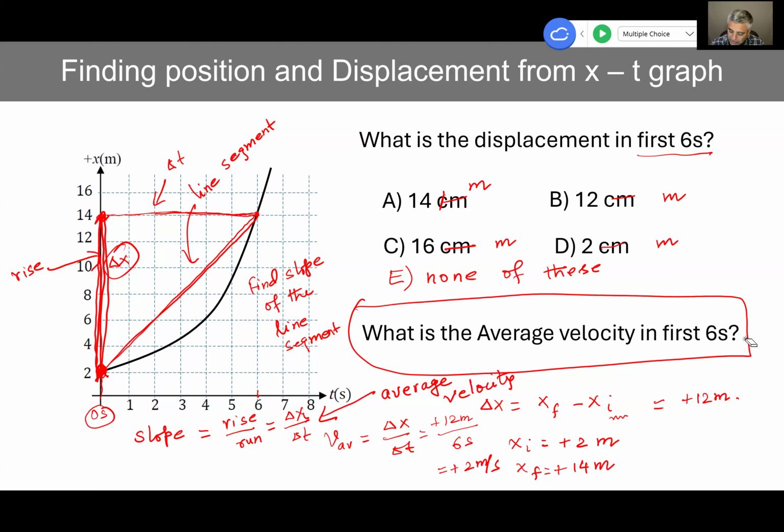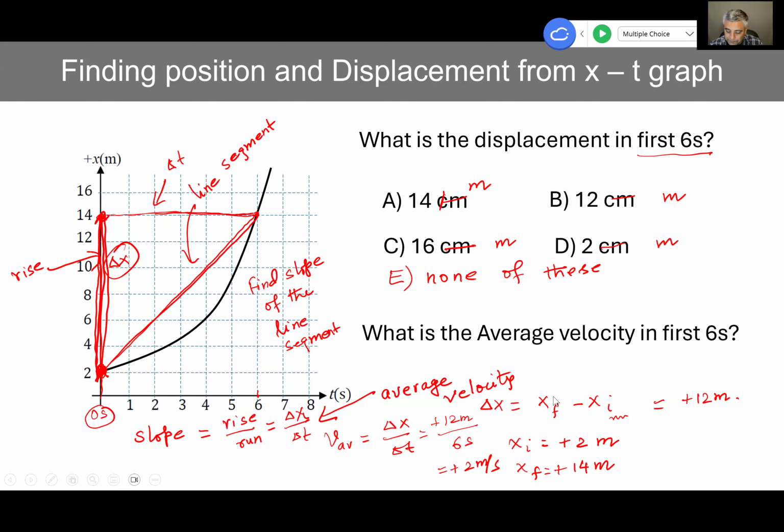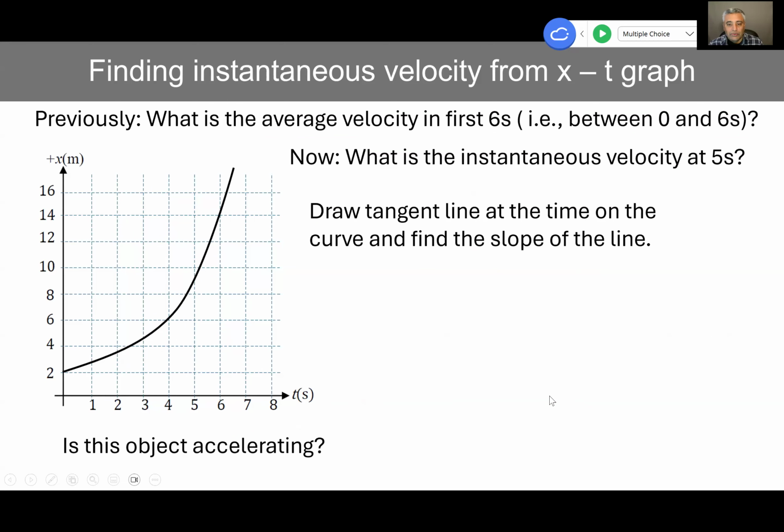So now I answered the average velocity here. So we talked about average velocity. So average velocity is for time interval. For example, from 0 seconds to 6 seconds, or from 1 second to 2 seconds, something like that.